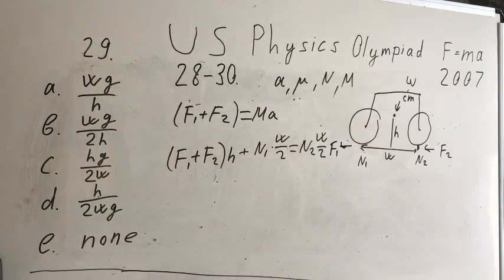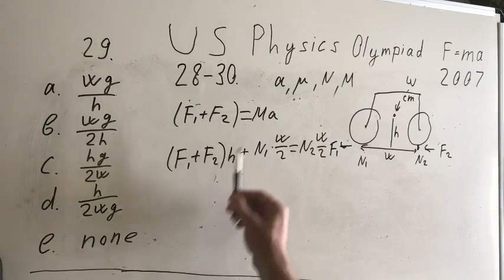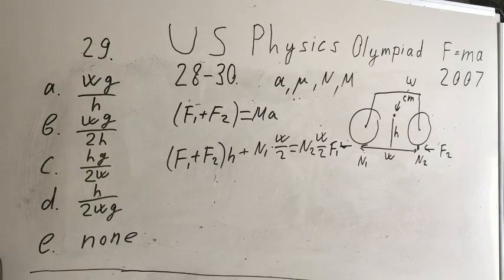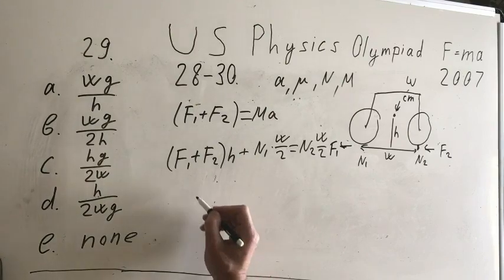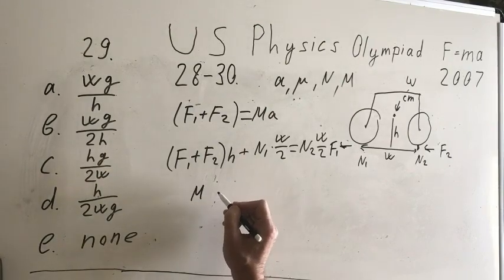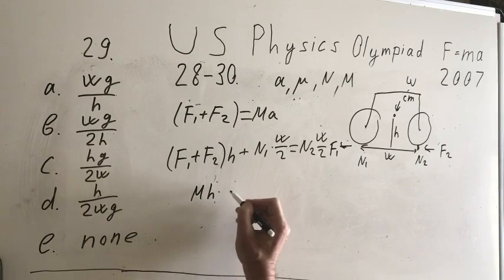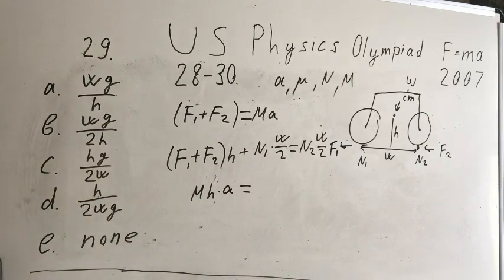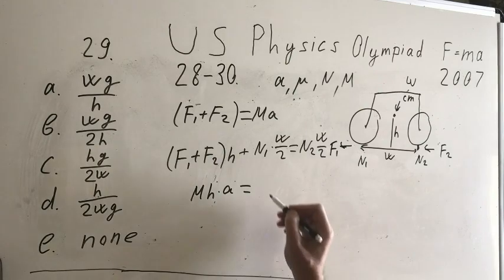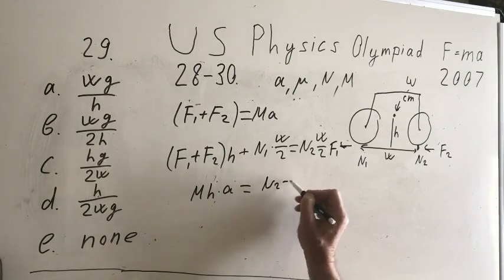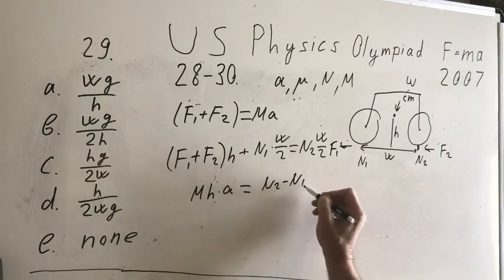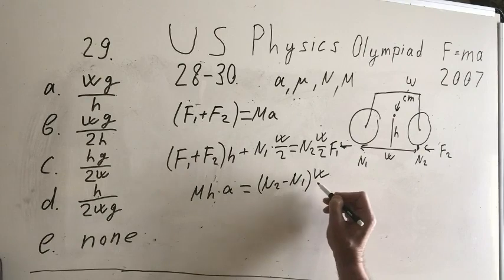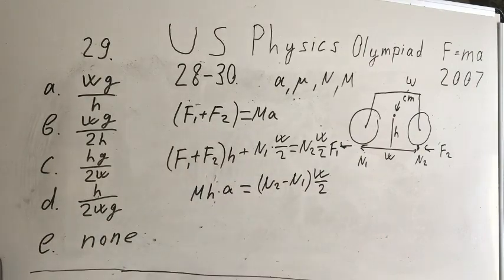So now we can put F1 plus F2 equals MA here. So we have MHA equals N2 minus N1 multiplied by W over 2.